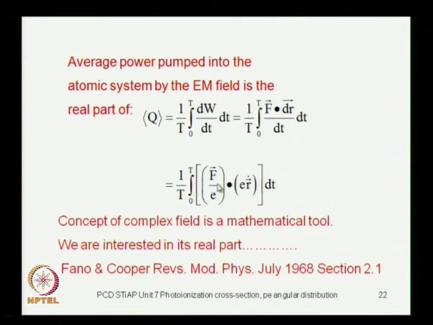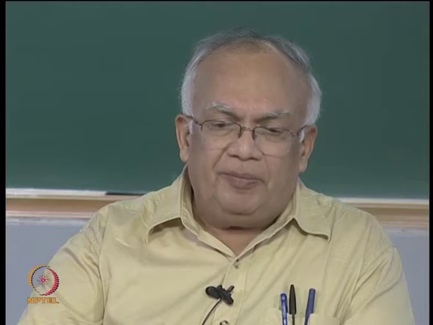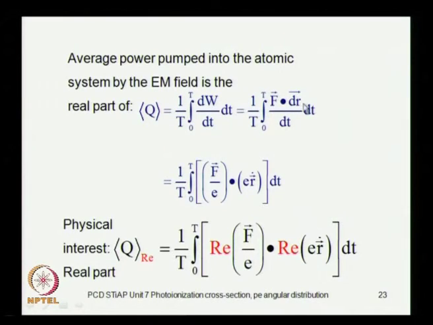These quantities, the way we have dealt with them, are complex quantities. We are of course interested only in the real part which goes into the physical process, because power is a real physical quantity. So, we will deal with the real parts. So, this dot product that we have to work with, F over E dot E r dot, you really need to take the dot product of the corresponding real parts, and that will give you the physical power which is pumped in.